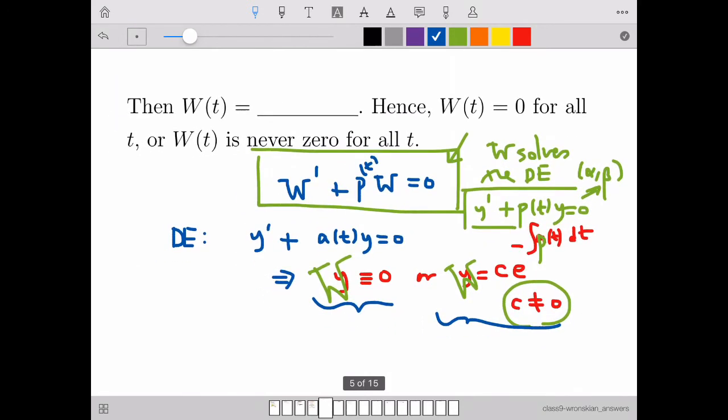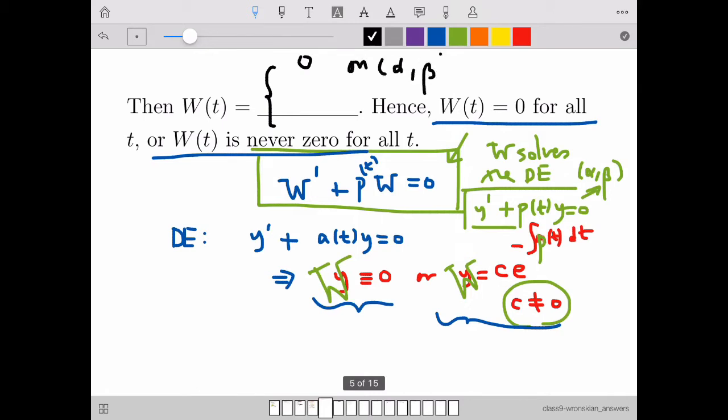Therefore, this statement is true. Okay, so that's proved. So the Wronskian is 0 for all t on the interval alpha beta, or it is some c e to the minus integral of p dt, where c is not 0. So it is either 0 or never 0.